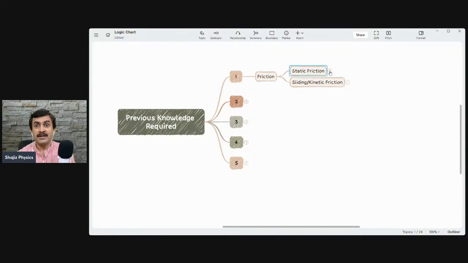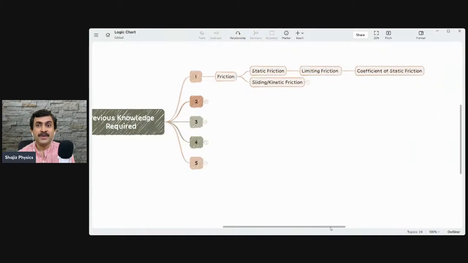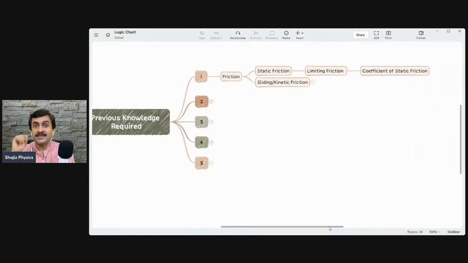And when it is related to static friction, there is another concept or a special case which is called limiting friction. And after that only the student learns the laws of static friction, in which he or she understands the concept of coefficient of static friction. Similarly, after getting the idea of sliding or kinetic friction, then only the student gets the idea of coefficient of kinetic friction.